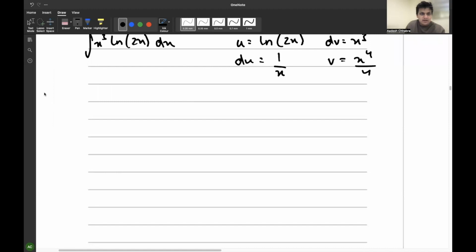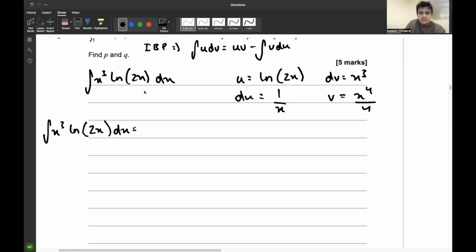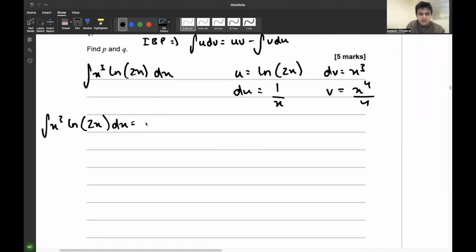So essentially we have the integral of x cubed ln 2x dx equal to u times v, which is just ln of 2x times v, which is x to the 4 by 4, minus the integral of v, which is x to the 4 by 4, times du, which is 1 upon x.